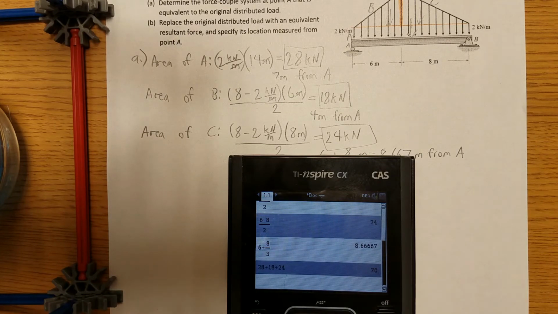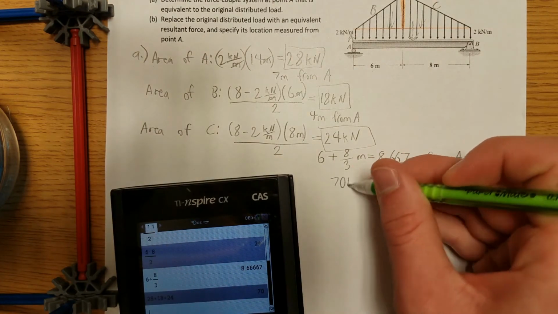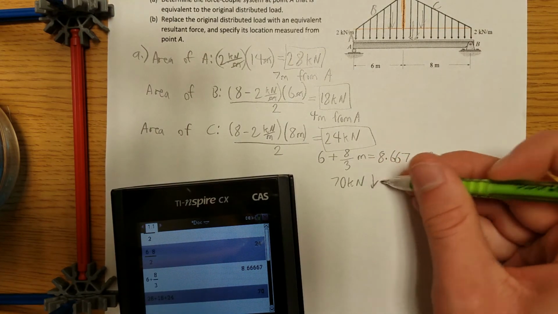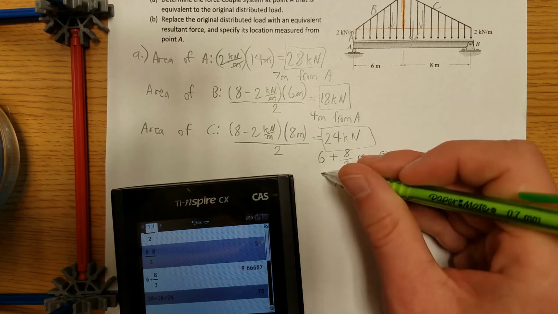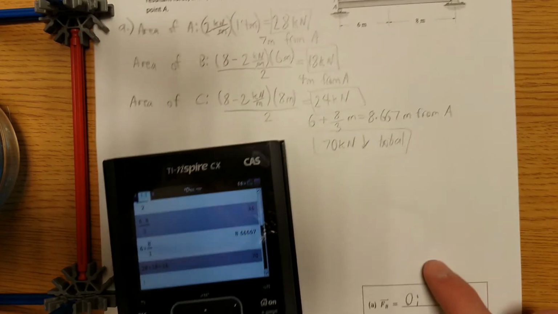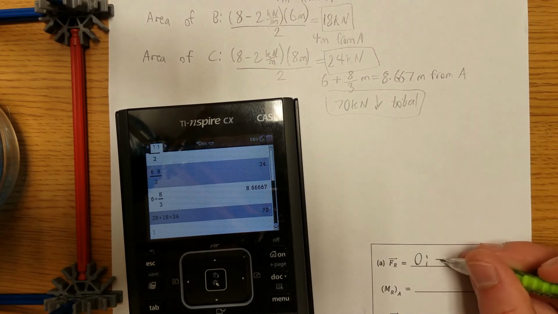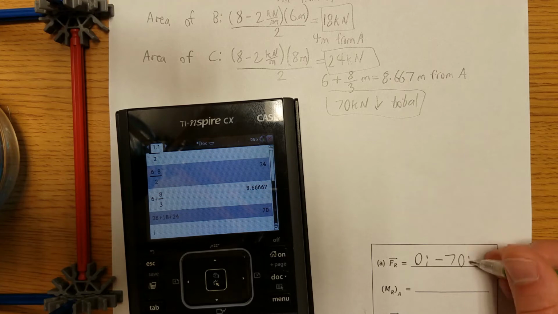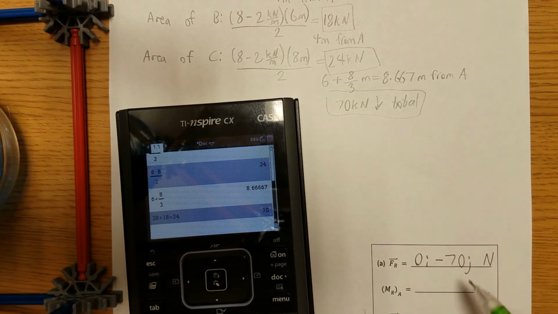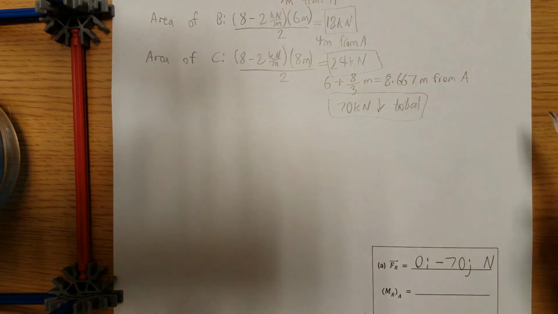These are all the areas that we found before, and those happen to equal 70 kilonewtons down total. So in our answer box down here, because they're going down, we're going to write minus 70j, in kilonewtons. And that should be our answer for the resultant force in vector format.